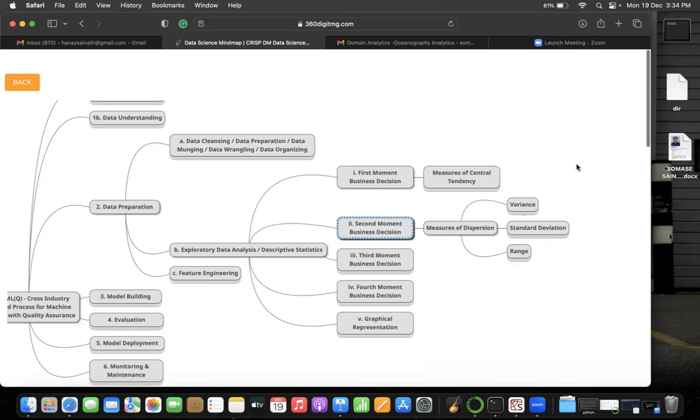It speaks about how far the data points are distributed away from the mean. In that we have variance. Variance measures the difference between each data point and the mean. Then we have standard deviation. The square root of the variance is referred to as the standard deviation.